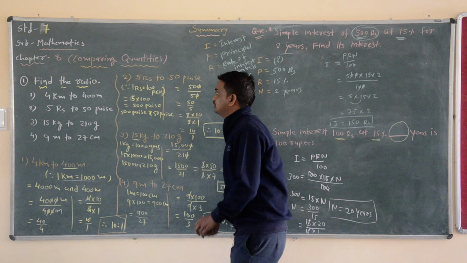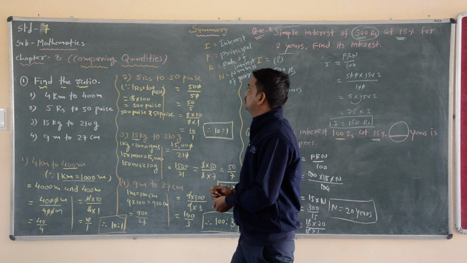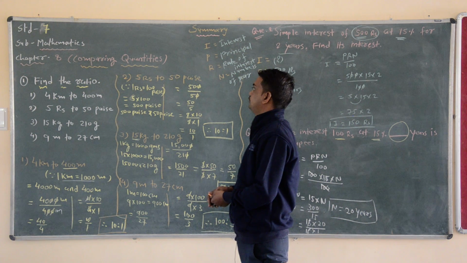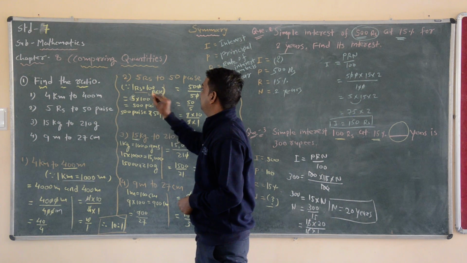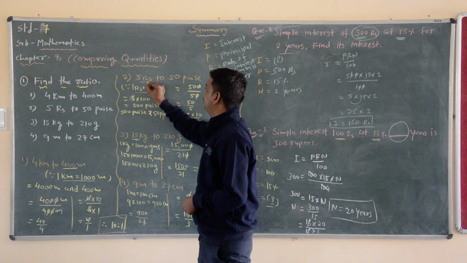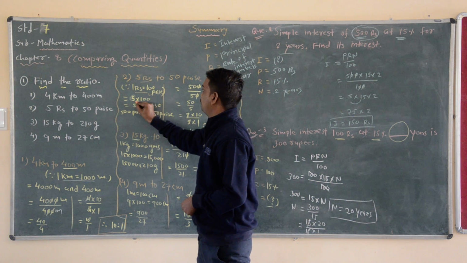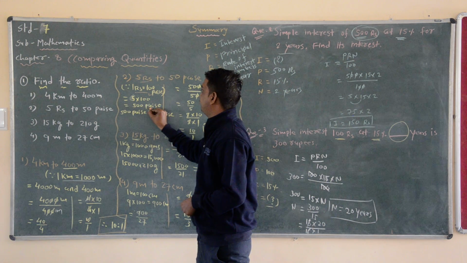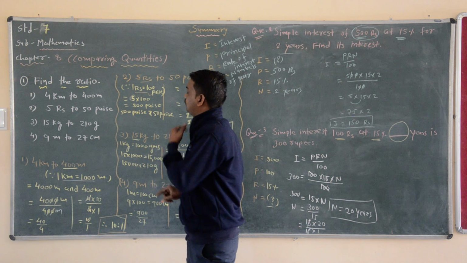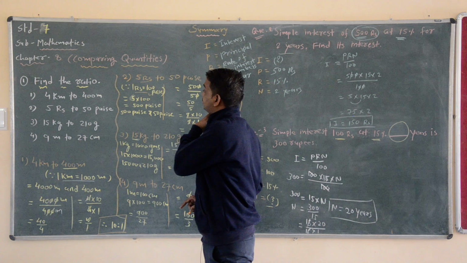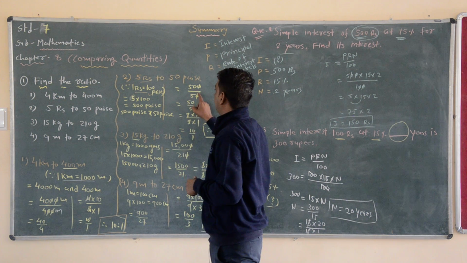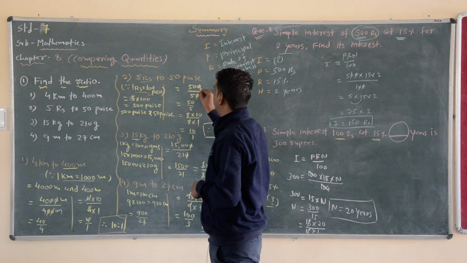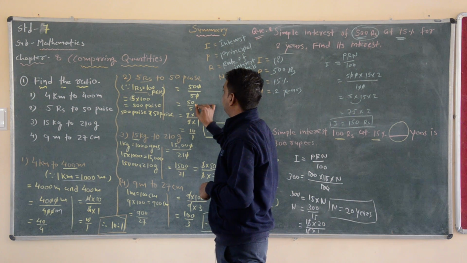Now the second question is 5 rupees to 50 paisa. As we know, 1 rupee is equal to 100 paisa. So 5 rupees is equal to how many paisa? 5 multiplied by 100 is equal to 500 paisa. Now we find the ratio between 500 paisa and 50 paisa. So 500 upon 50, cut the zeros, and we get 50 upon 5.